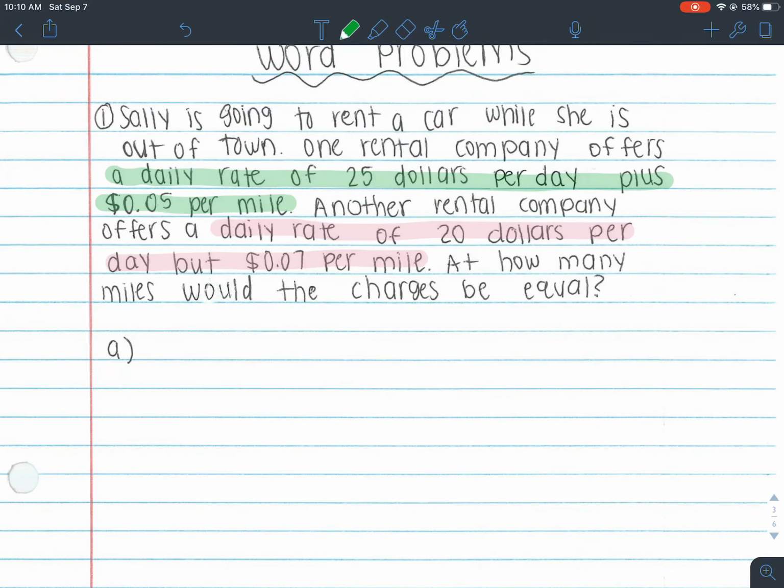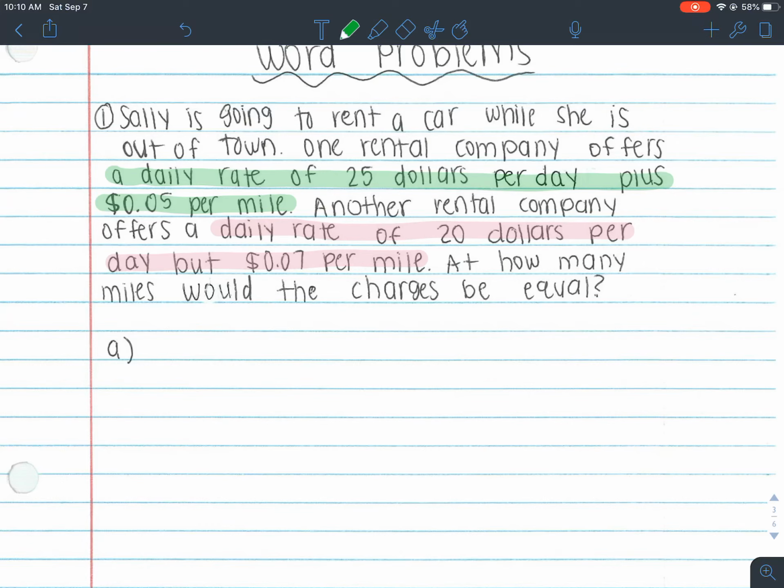So let's go ahead and create an expression for the green part. Well, I know it's $25 per day plus 5 cents per mile. Well, no matter what, every single day that I get that car, it's going to cost me $25. So if we're just talking about one day, at how many miles would the charges be equal for one day?